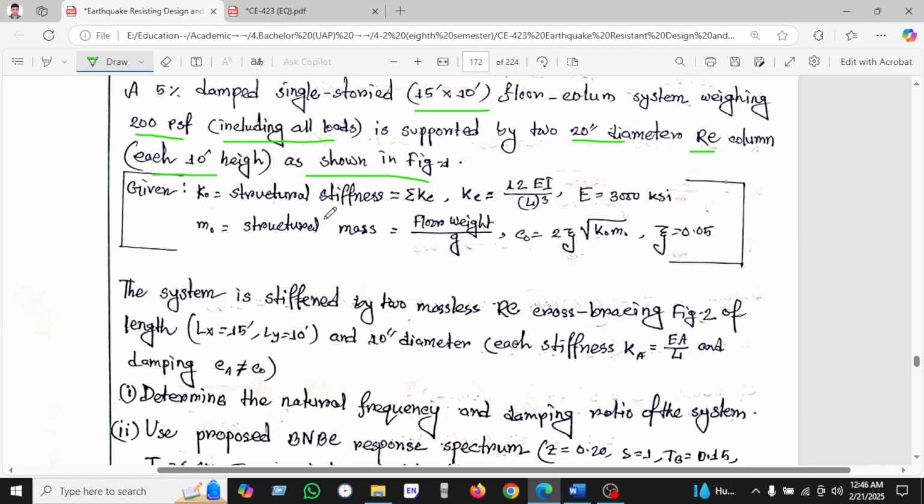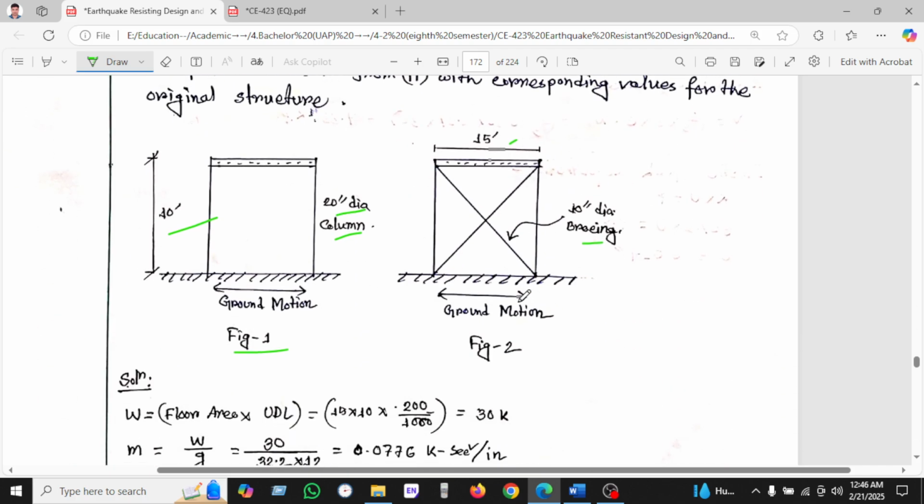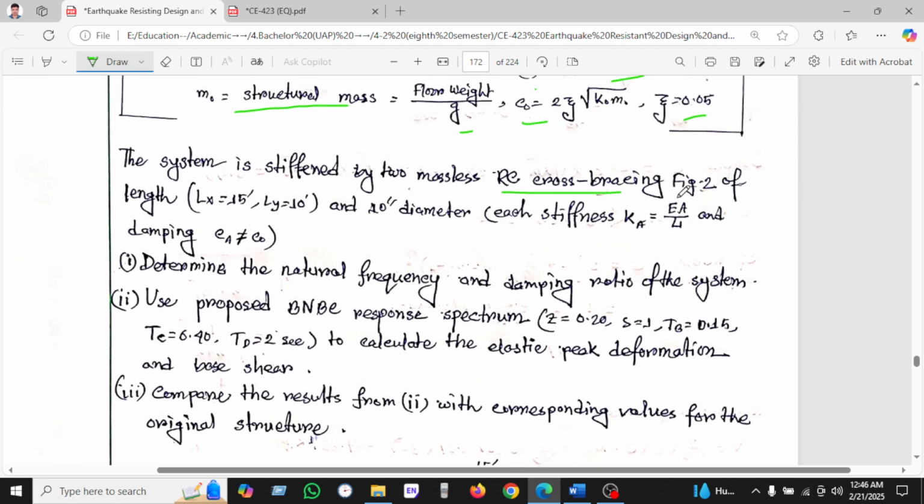In picture 1, given K, which is structural stiffness, the sum of K is given as 12EI over L cubed, and E is given here, and m naught is the structural mass, weight divided by g, and C equal to 2 psi root of m K, and psi equal to the given 5% damping. The system is stiffened by two massless RC cross bracings. Here is the cross bracing. The massless bracing is in figure 2.